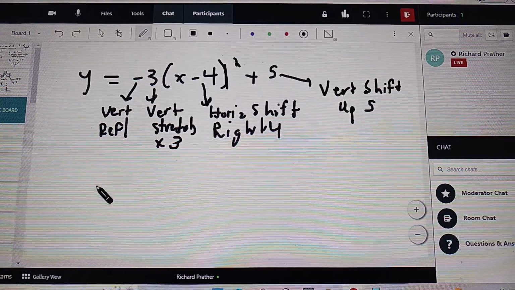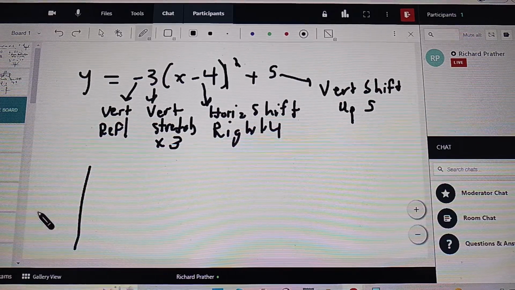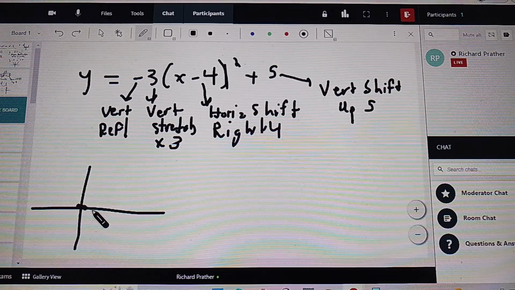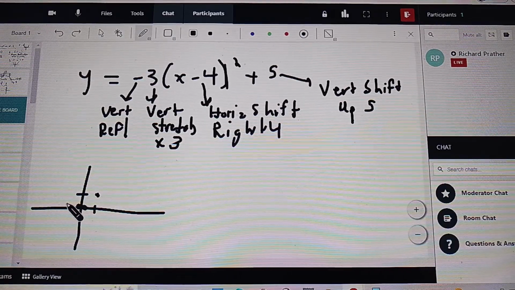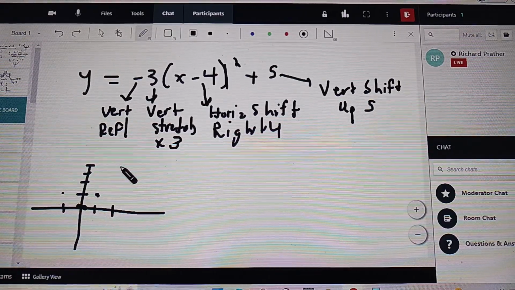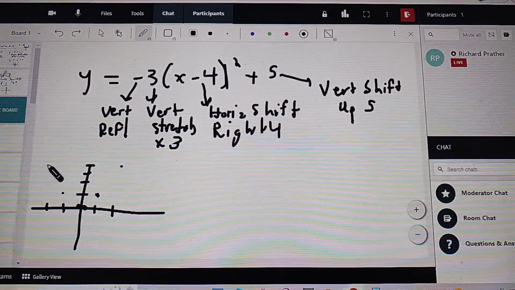And a vertical stretching, if you go to the original parabola, one thing that helps sometimes is to put some points down. Parabolas go through 1, 1, and also -1, 1. And then they go through 2, 4, along with -2, 4.